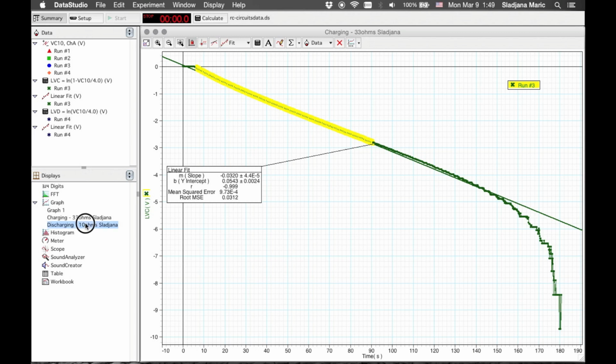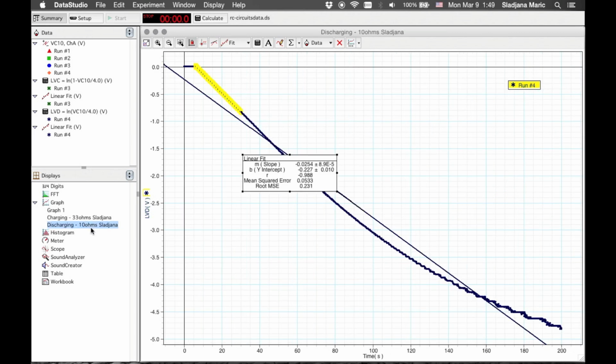And now go to the discharging graph. So you have to change here 10 ohms to 33 ohms.